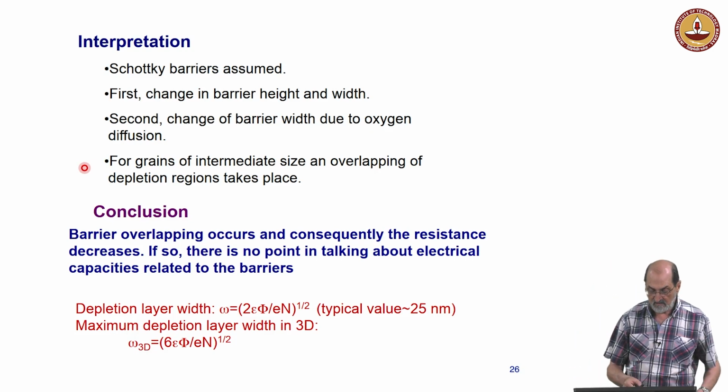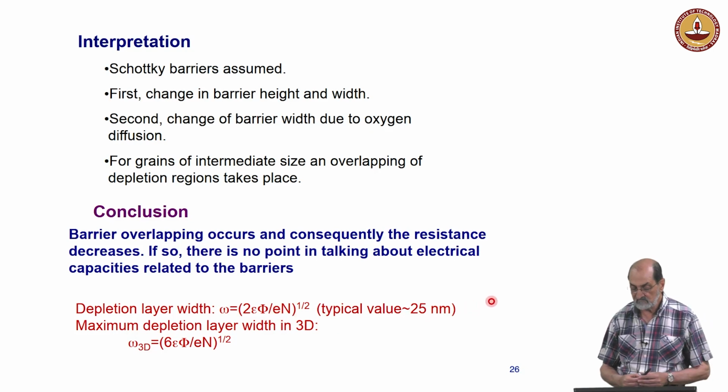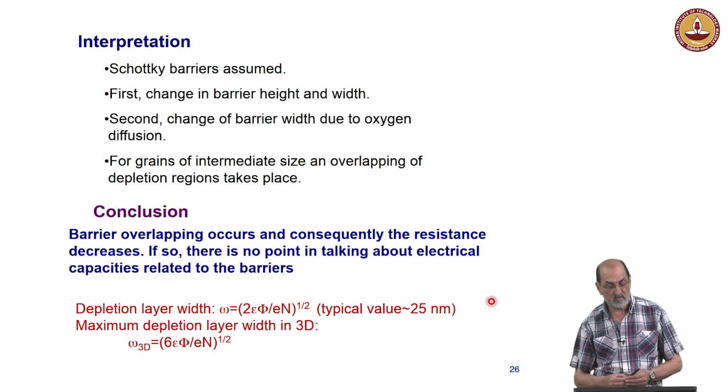If you make some numbers, the depletion width for a one-dimensional model has this form. It depends on the barrier height and on the doping. If you plug in some reasonable values, you get a depletion region of about 25 nanometers.